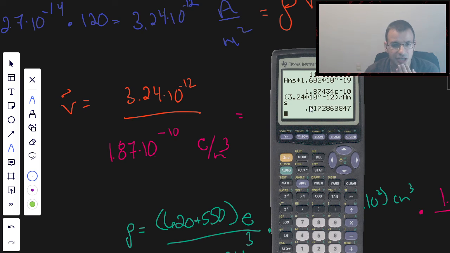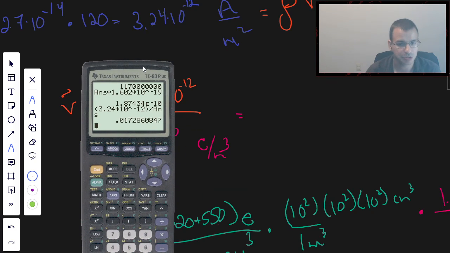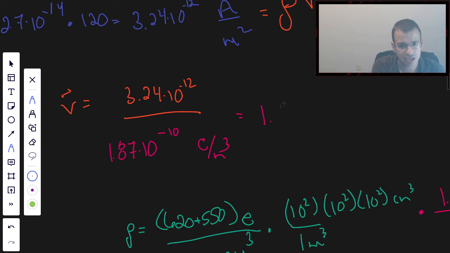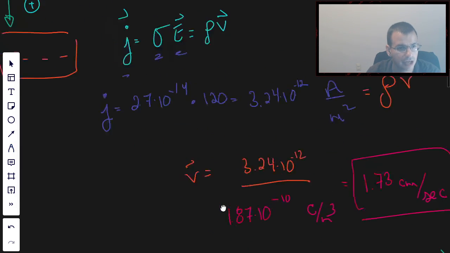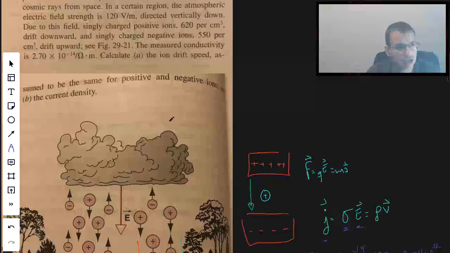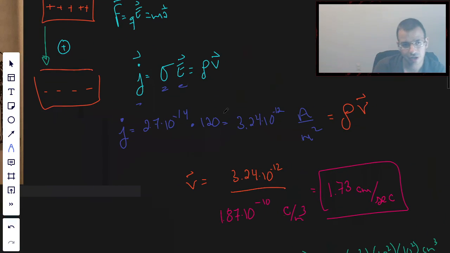And that gives us 1.73 centimeters per second. 1.73 centimeters, and I move the decimal place over 2, per second. That is going to be the answer to part A, the ion drift speed, and then the current density we found earlier is going to be part B.